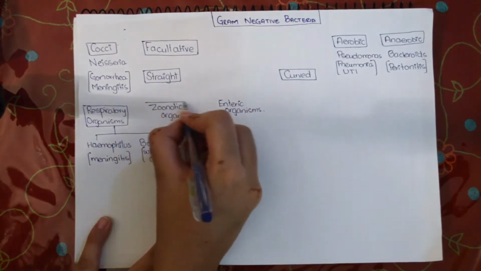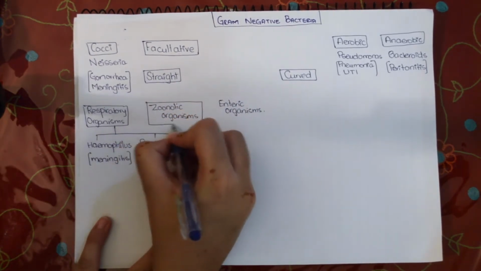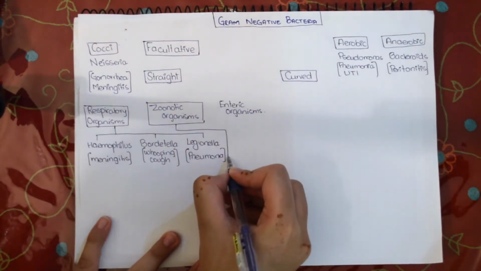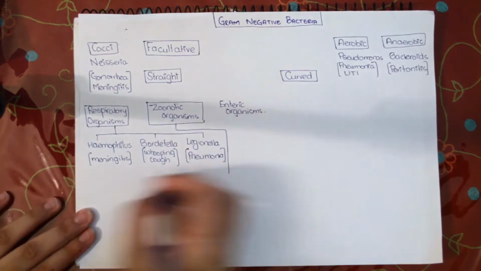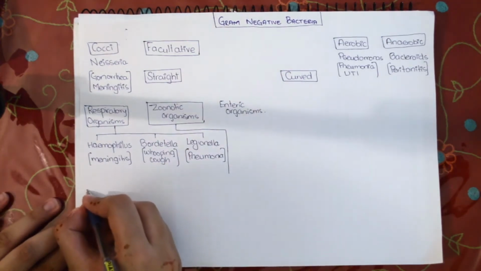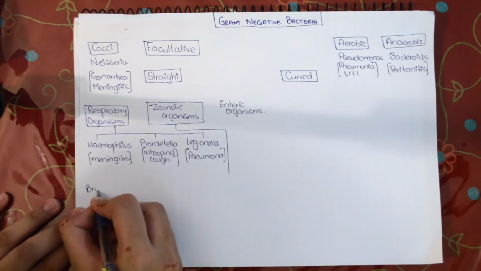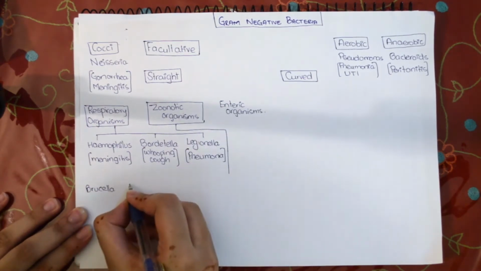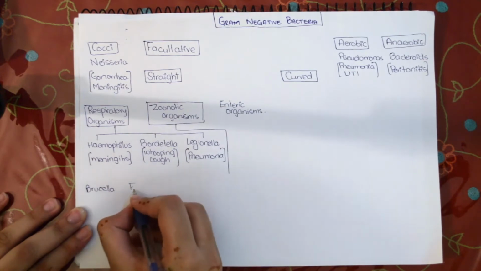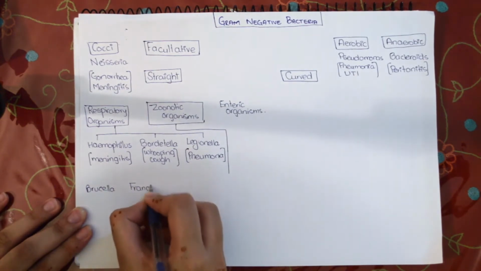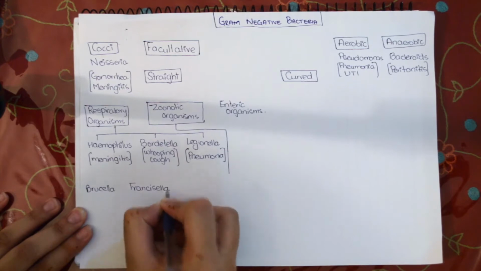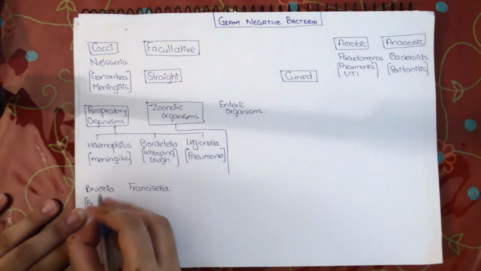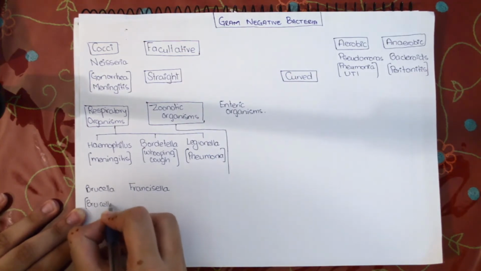Now to these zoonotic organisms. We have Brucella, Francisella. Brucella causes brucellosis.